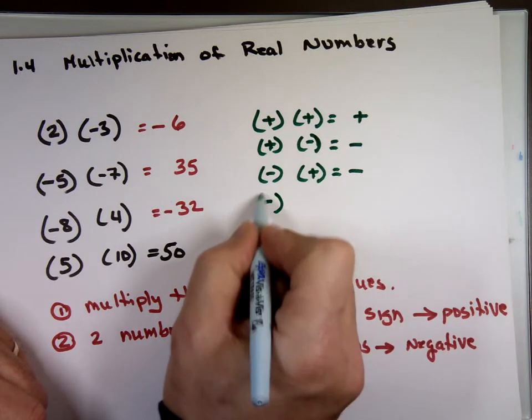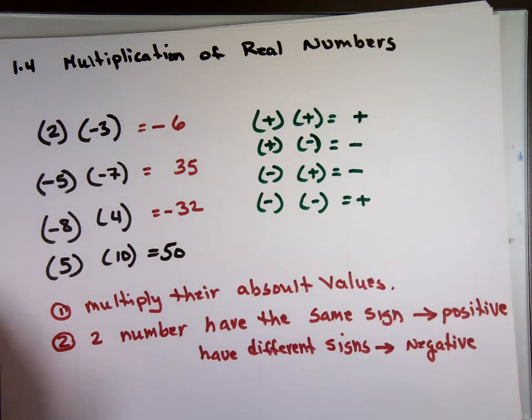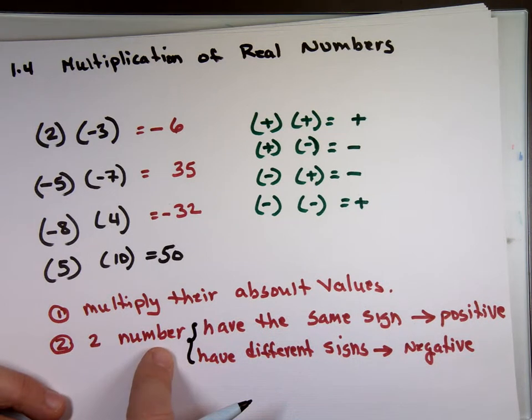A negative times a negative, same sign? That's a positive. If the two numbers have the same sign, the result is positive. If they have different signs, the result is negative. Here I'm just talking about multiplying two numbers, only two. If it's three numbers, different story. We'll come back to that.